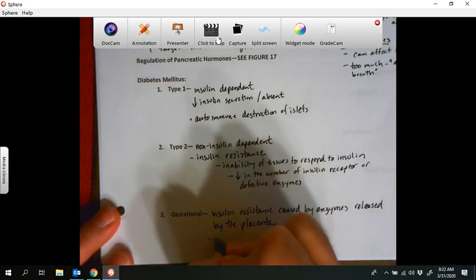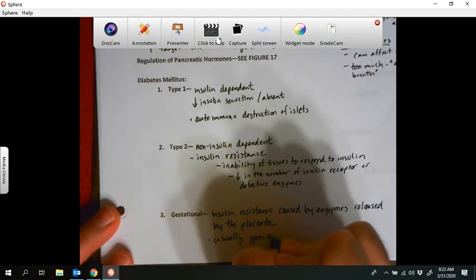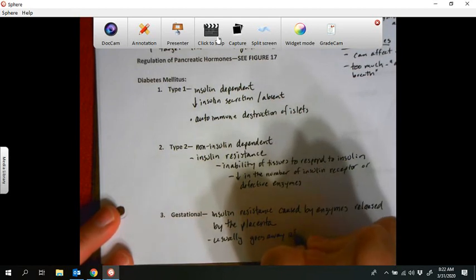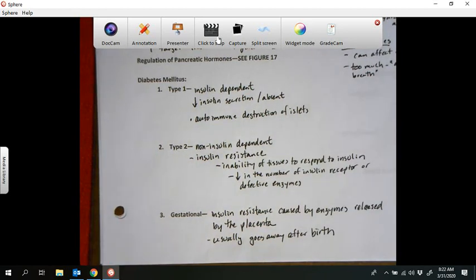And this usually goes away after birth. But it doesn't always. And usually women who have had gestational diabetes in one pregnancy are very susceptible to having it again, and it can increase their odds of developing type 2 diabetes later on in life.